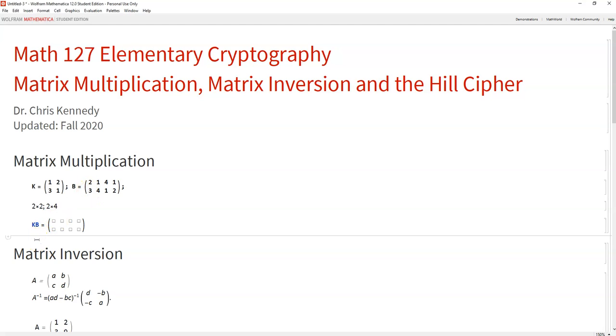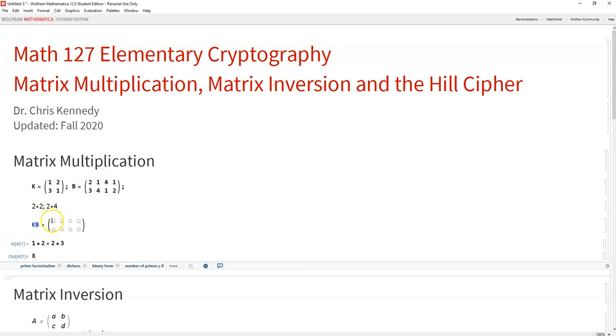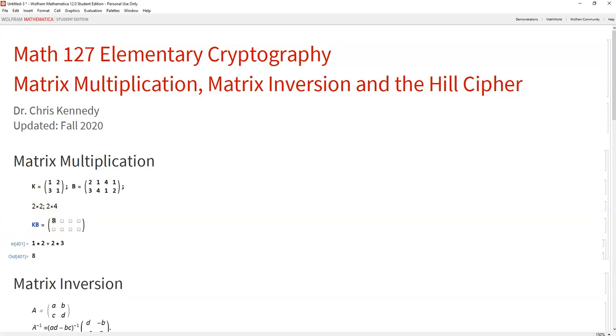So my 1-1 entry is going to be 1 times 2 plus 2 times 3, otherwise known as 8. That takes care of the 1-1 entry.